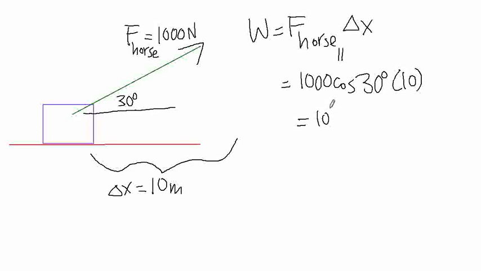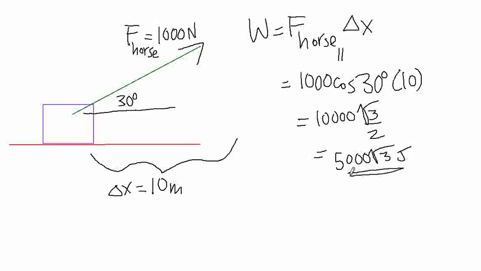So 10,000 times the cosine of 30, or root 3 over 2. So apparently 5,000 root 3 joules is the amount of work that this horse would do pulling at this angle. And still in this example, the gravity and the normal don't do any work.